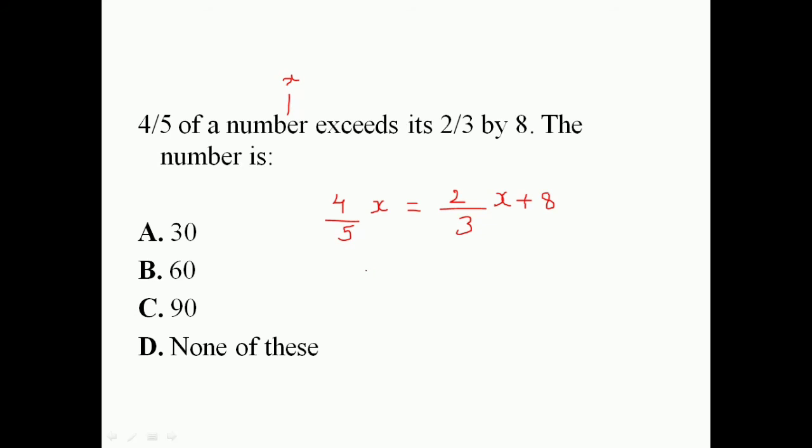That x term can be taken to the left side, which means 4 by 5 x minus 2 by 3 x equal to 8. Take the LCM: 4 into 3, 12x, minus 5 into 2, 10x, divided by 5 into 3, 15, is equal to 8. 12x minus 10x is 2x, so 2x by 15 is equal to 8.